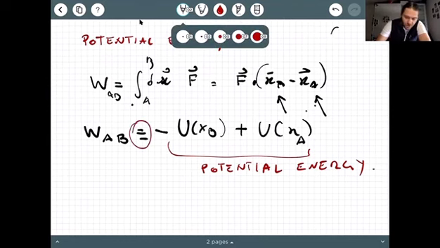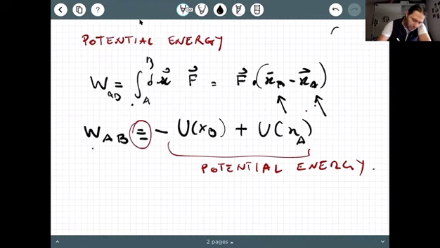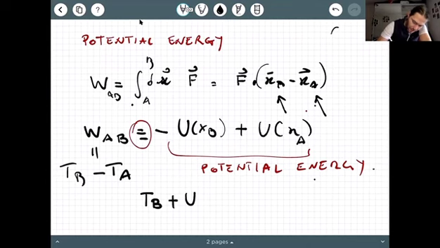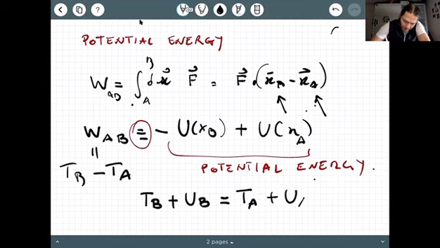Now, this definition is very useful because if you now use the theorem we derived before, we know that the work is the difference of kinetic energy. And so if I bring things on one side and the other, I get that the left-hand side is written as a sum of kinetic and potential energy, and the right-hand side is written as a sum of kinetic and potential energy.